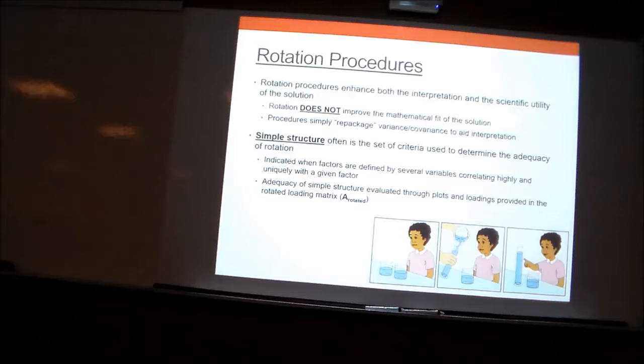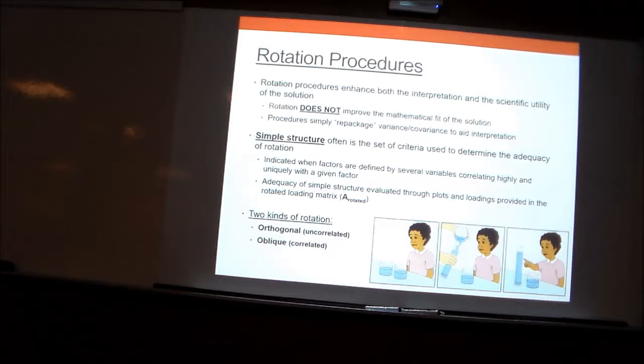If I've got items that aren't loaded very highly on any factor, or items that are loaded highly on multiple factors, this starts to get complex and will be a non-preferred solution relative to one where everything is loading cleanly. Again, we're going to evaluate this based on plots and loadings in our rotated loading matrix. There are two types of rotations.